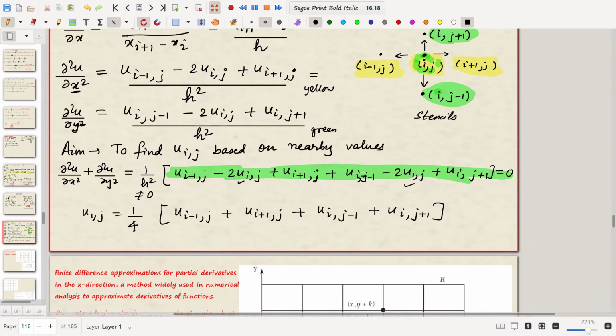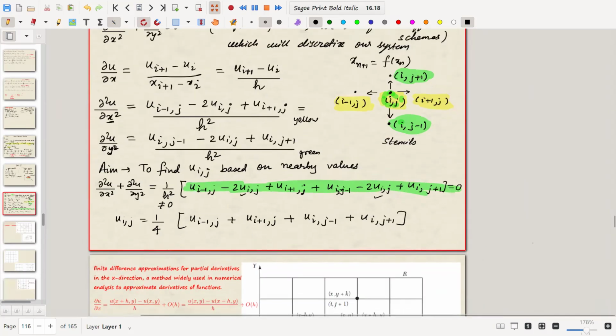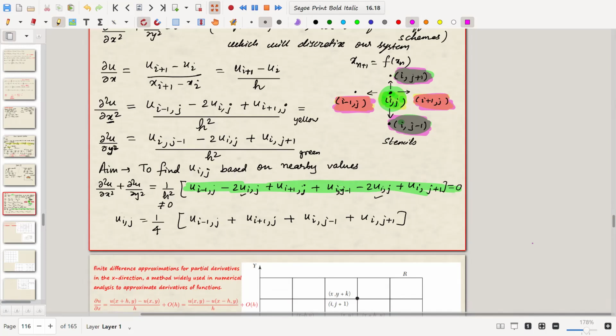Now what is important about this? The importance is, if you want to find the value of u at i comma j, then you need the help of i minus 1,j, i plus 1,j, i,j plus 1, and i,j minus 1, and take the average of all these 4 nearby quantities, 1 by 4th of the 4 quantities.